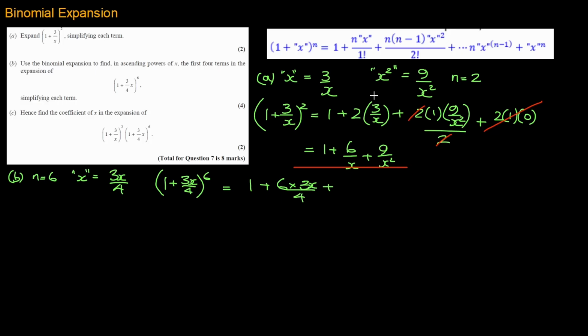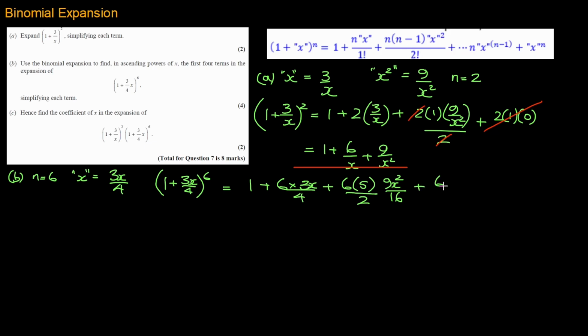Plus 6, 5, times this term squared, which is 9x squared over 16. Oh, and I forgot the divide by 2 because of 2 factorial underneath.